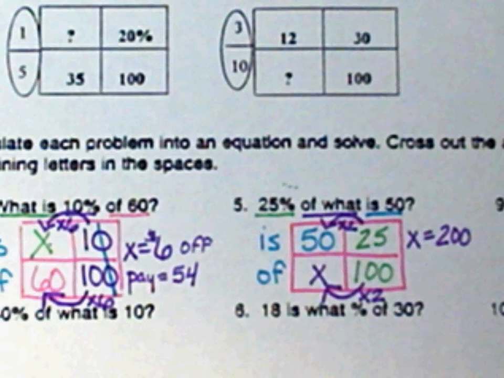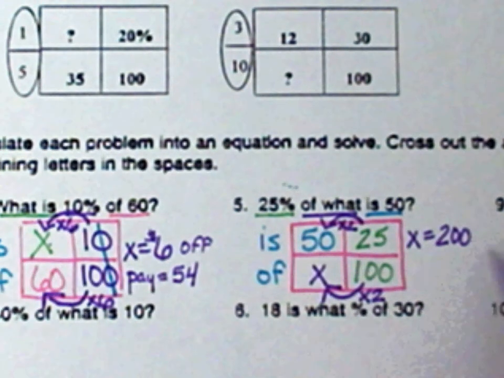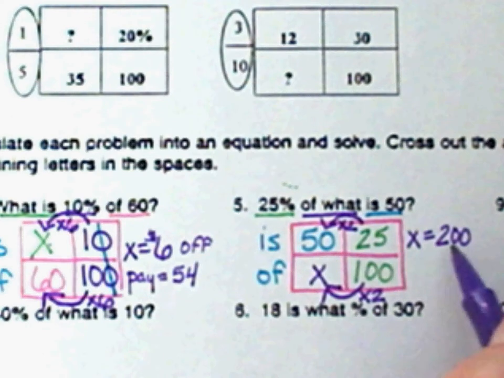Look for a scale factor. Is there anything I can do to 50 to get 25, or anything I can do to 25 to get 50? Yes, 25 times 2 is 50. Whatever I do to the top, I do to the bottom, and it needs to go the same direction, just like in proportions. So 100 times 2 gives me my answer. So x equals 200.